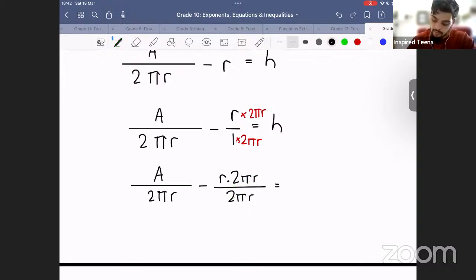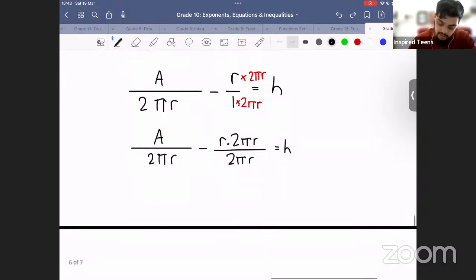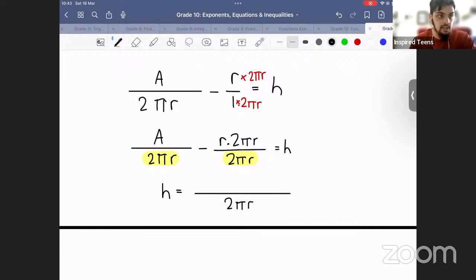Okay, this is equal to H. I'm going to take H to the left side and then everything to the right side. It doesn't change anything. It's just easier to understand that way. Now, because my denominators are the same, I can express everything under one denominator. If I write it under one denominator, I have 2 pi R. Okay, and then I write each term.